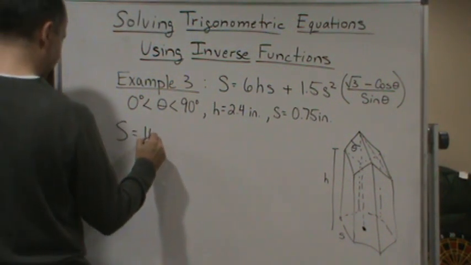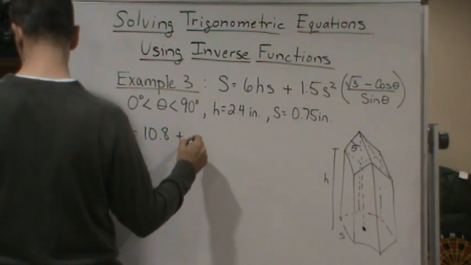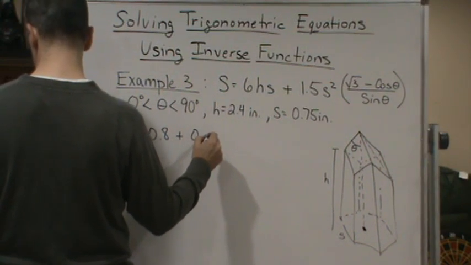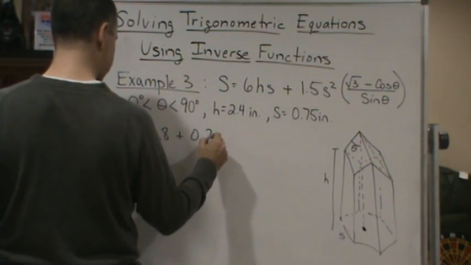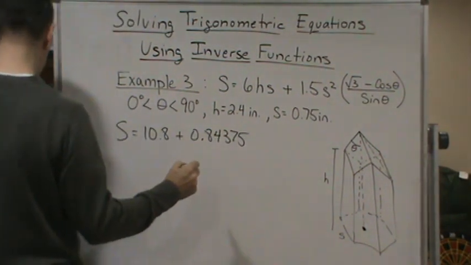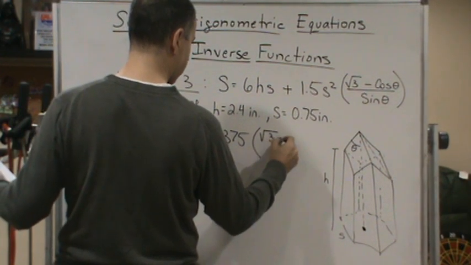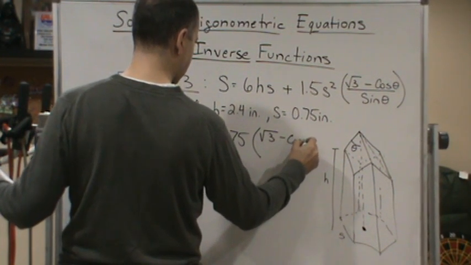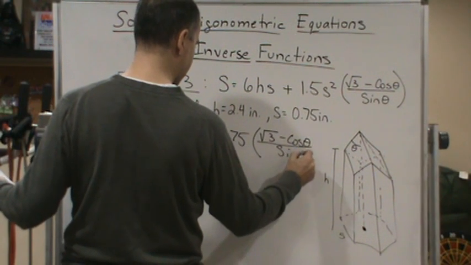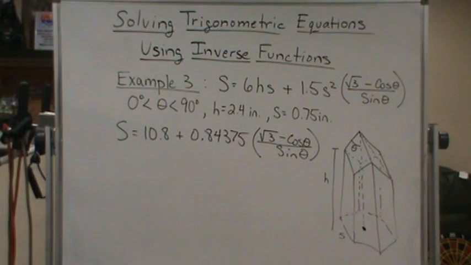We get 10.8 plus 0.84375 times the square root of 3 minus cosine theta divided by sine theta. Okay, so that's what we get.